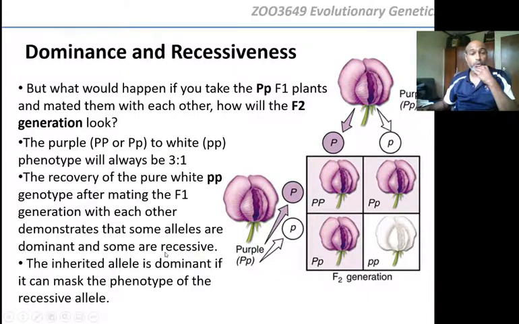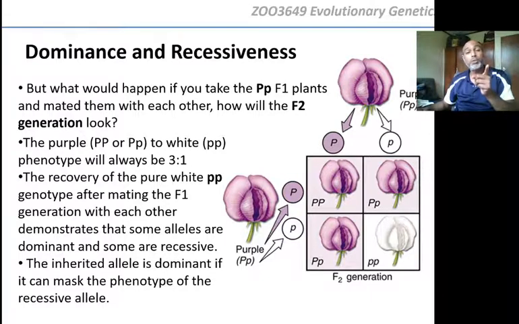Okay, so the inherited allele is dominant if it can mask the phenotype of the recessive allele. Okay? If it can mask the phenotype. And that is depending on what? Again, you learned in 2544, it's depending on dosage, basically. It's depending on gene dosage.